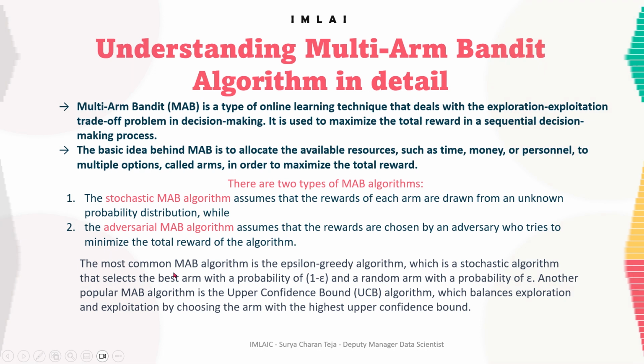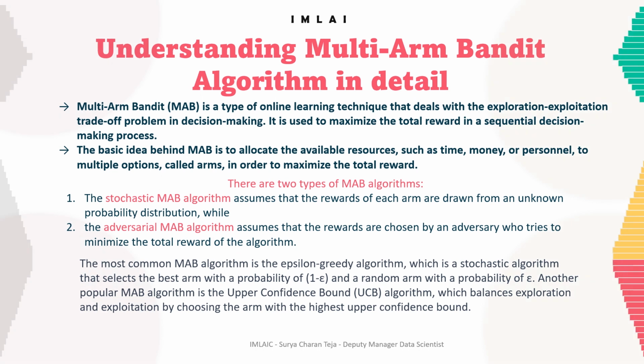That's why we call it epsilon greedy. Another popular MAB algorithm is the upper confidence bound algorithm, which balances exploration and exploitation by choosing the arm with the highest upper confidence bound. Famous applications of the MAB algorithm include advertising, recommendation systems, and clinical trials. Now let's see a simple example before we wrap up.